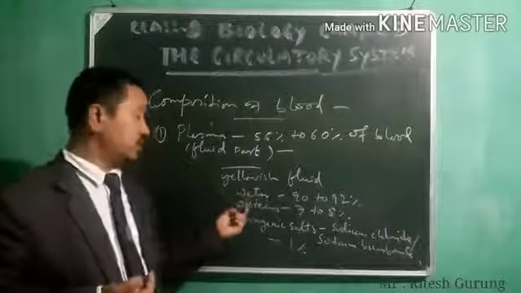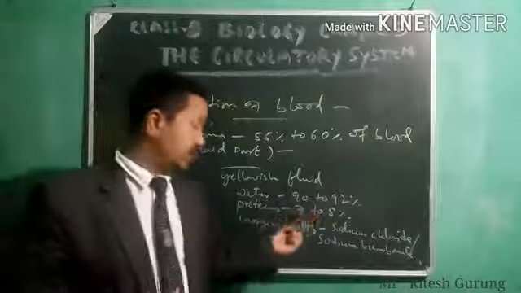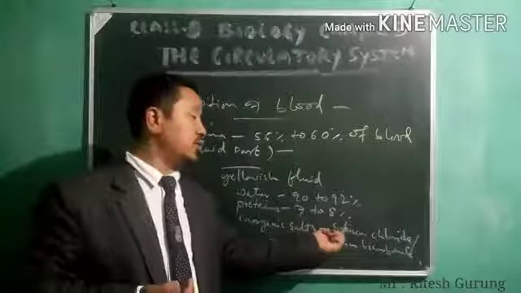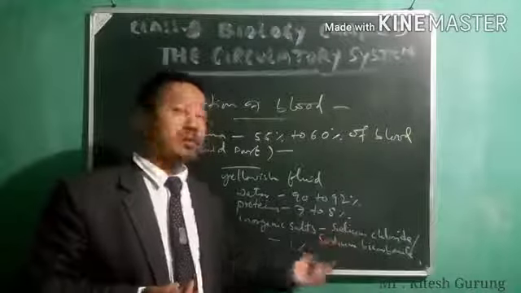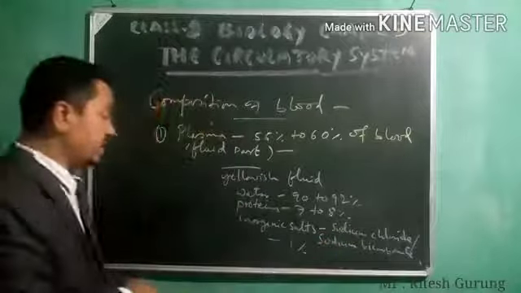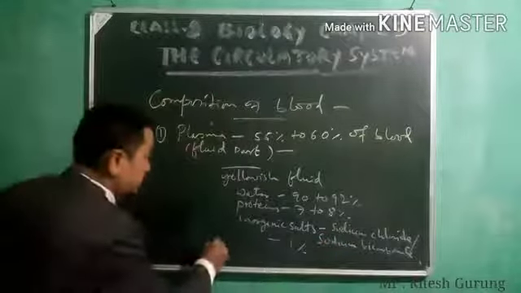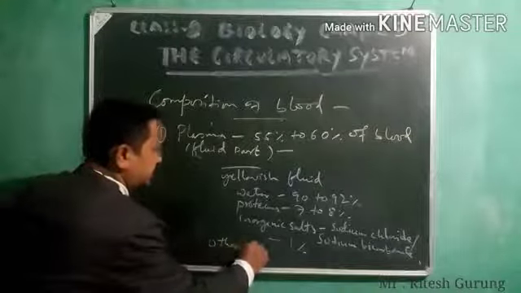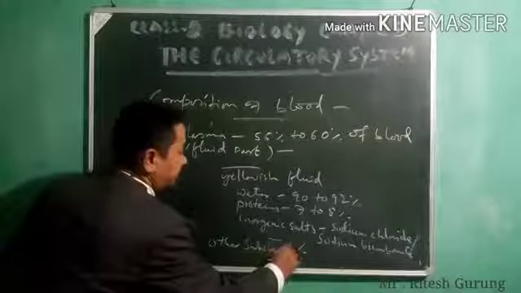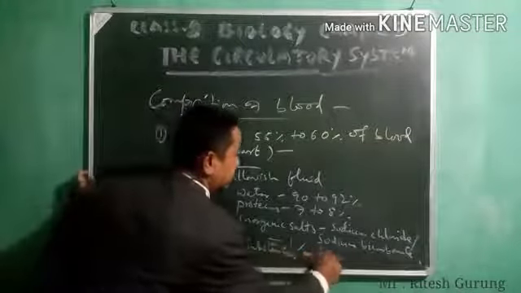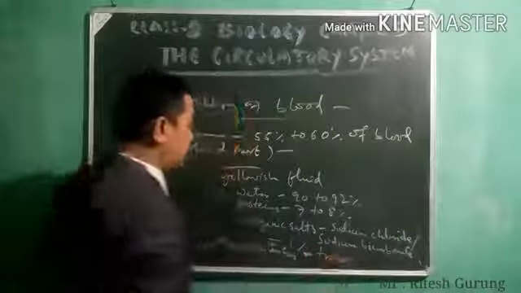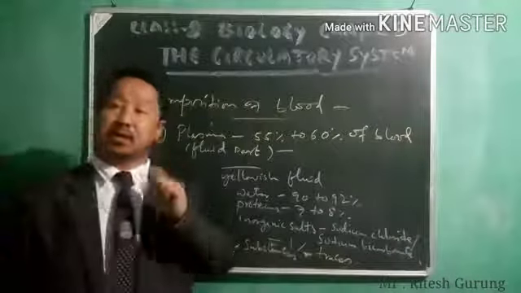Proteins you find 7 to 8%. Then inorganic salts like sodium chloride and sodium bicarbonate, that is 1%. Then other substances, in traces, that means a little amount, are also present.